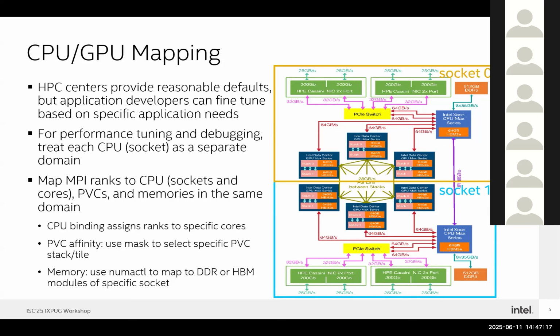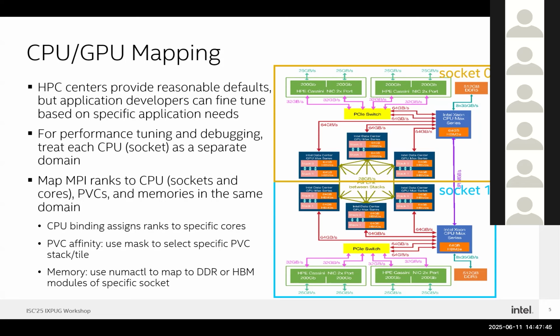An HPC center like Aurora, for instance, provides default mappings that should work most of the time. And you can start out with the default mapping. But for fine tuning and for debugging, it's good to know where your process maps to.